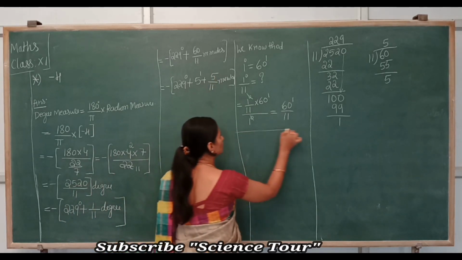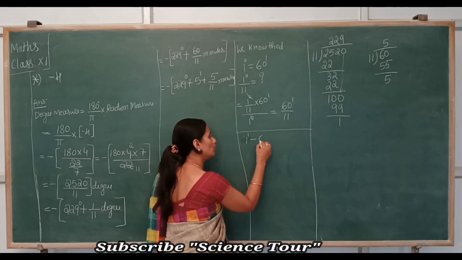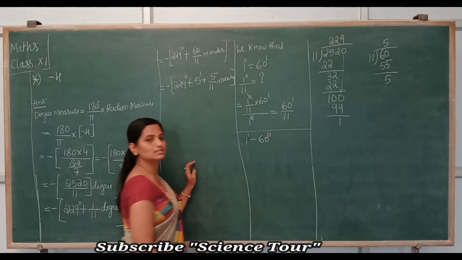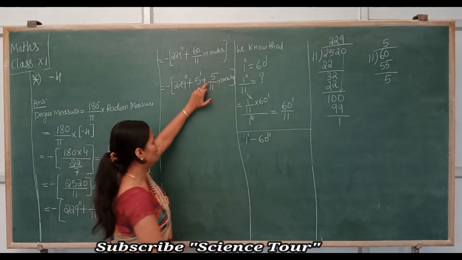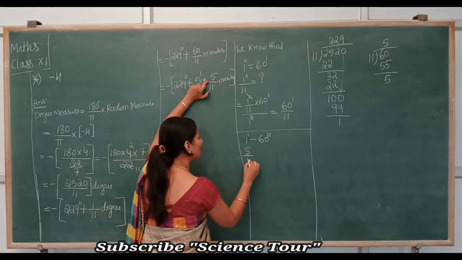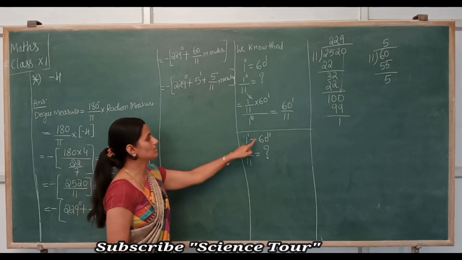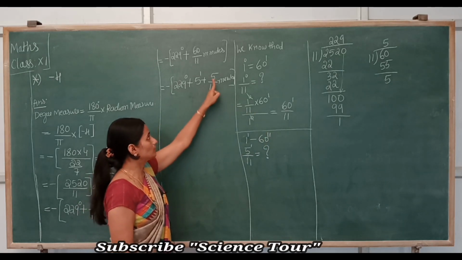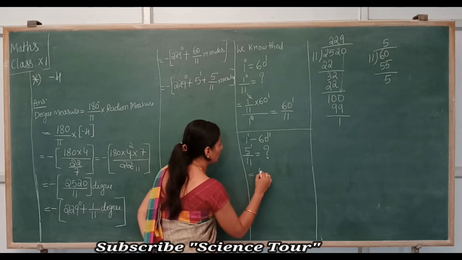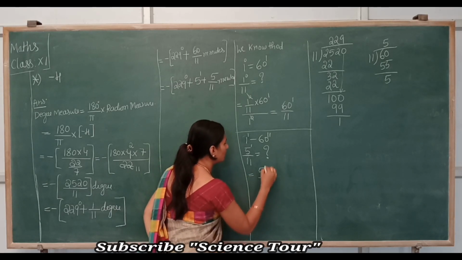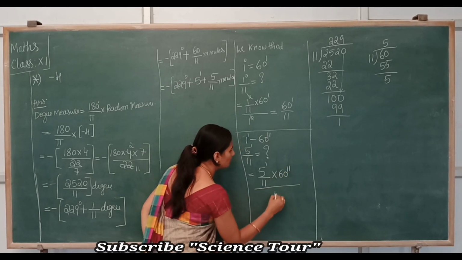So how to convert that to second? You know that 1 minute is equal to how many seconds? 60 seconds. So 5 divided by 11 minutes is equal to how many seconds? It is 5 divided by 11 minutes into 60 seconds divided by 1 minute.